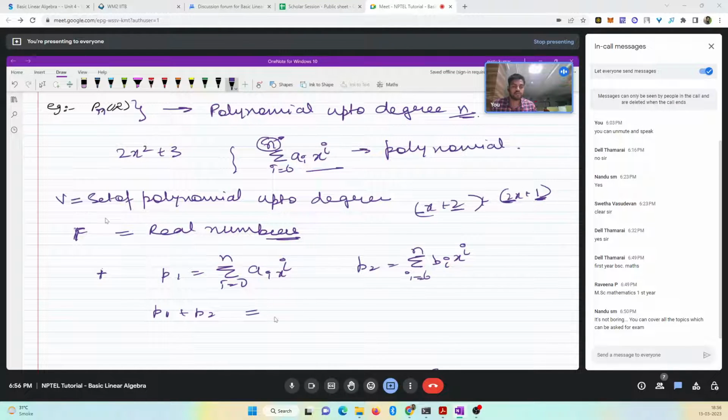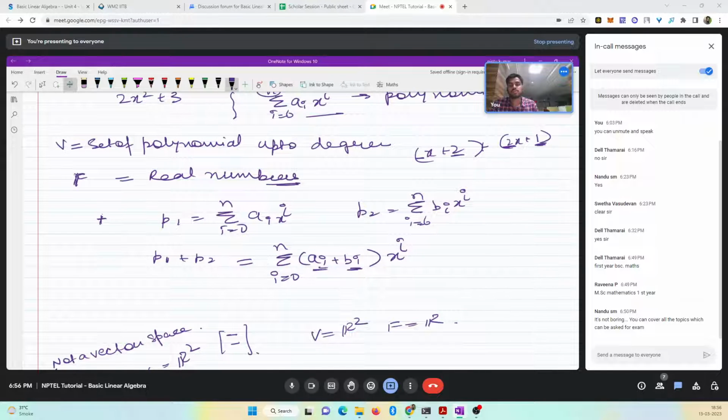The same thing we will do here. So this is equal to summation i equal to 0 to n of (a_i plus b_i) x to the power i. This means we are adding a0 to b0, a1 with b1, and so on, times x to the power i. This is how addition is defined in this case.